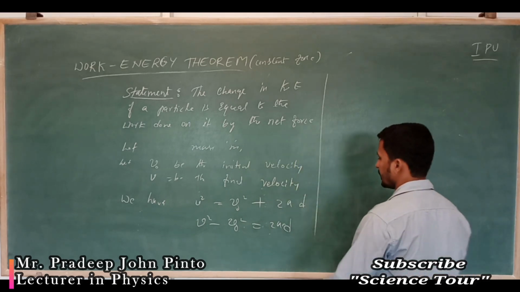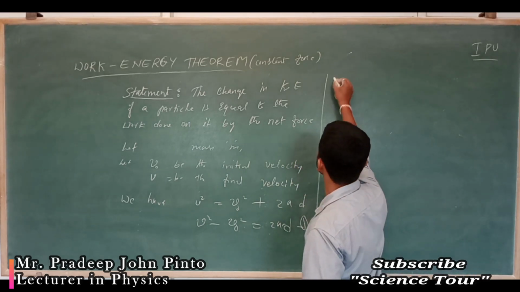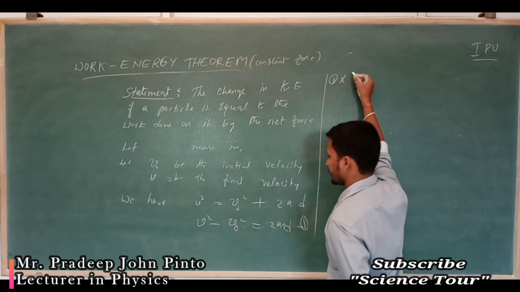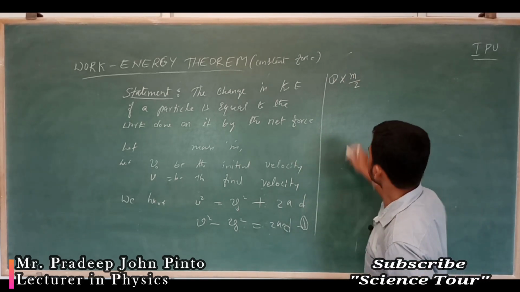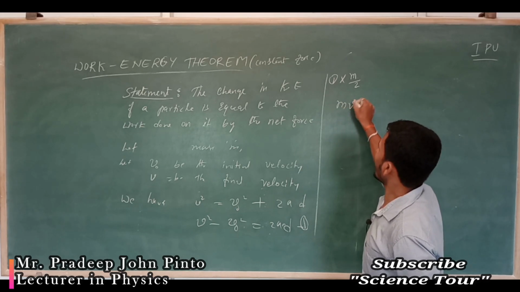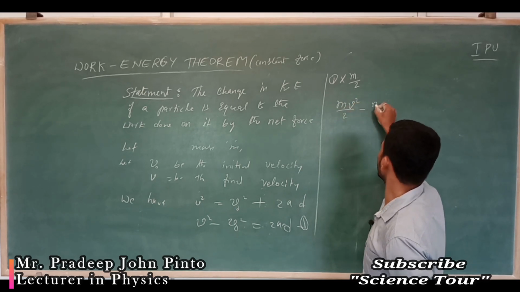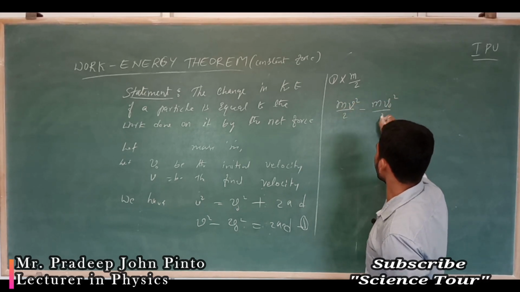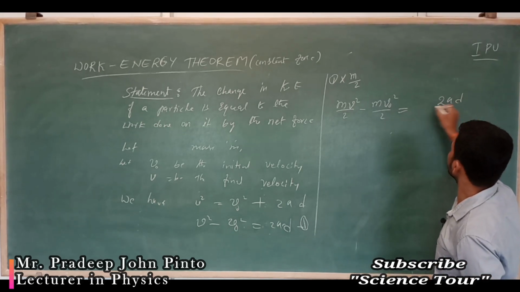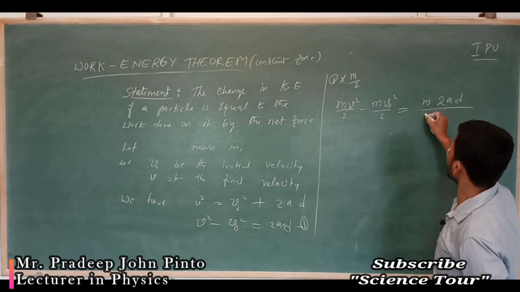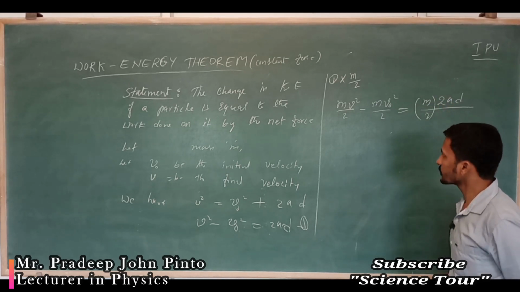So I will multiply this equation 1 by m by 2. Then what I will get is m v square by 2 minus m v naught square by 2 is equal to 2ad into m by 2. What happens?